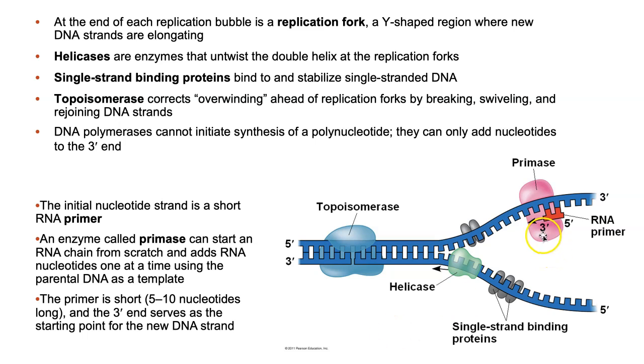So because we are adding on the 3' end, we build things in a 5' to 3' direction. 5' is at the head here, and 3' is the tail. So we build RNA and DNA in the 5' to 3' direction. Note that one for yourself.